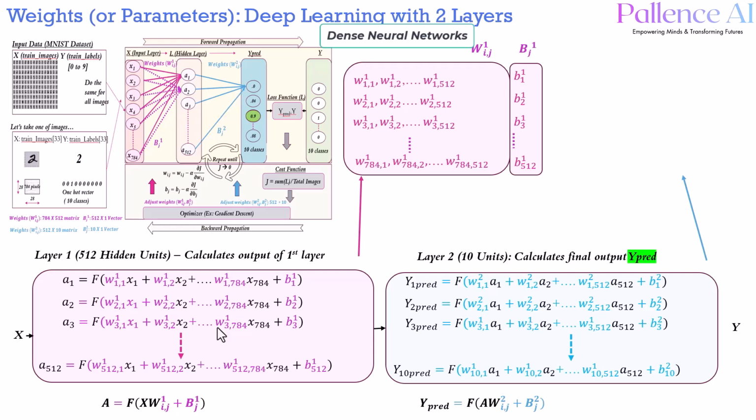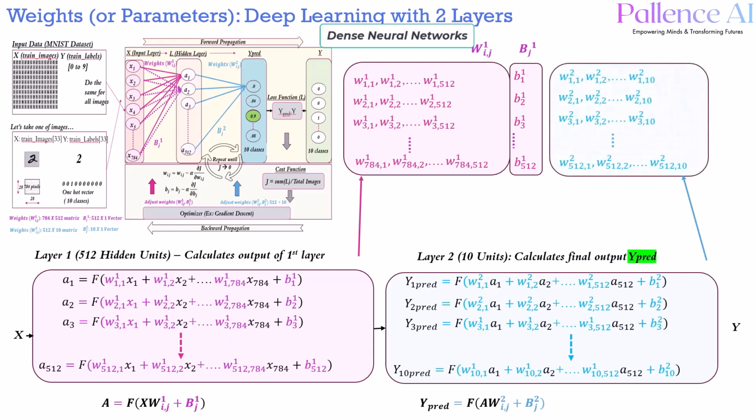Again, these are the first set of weights in pink. The second set of weights would be W2. These are the weights between the hidden layer and the final output layer y pred. W2 is a 512 by 10 matrix. Similarly, we have the bias terms, which we call B2.